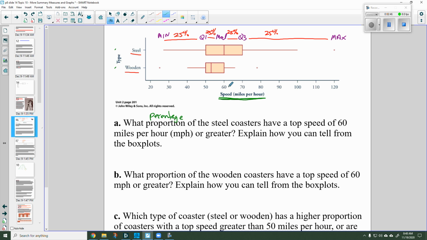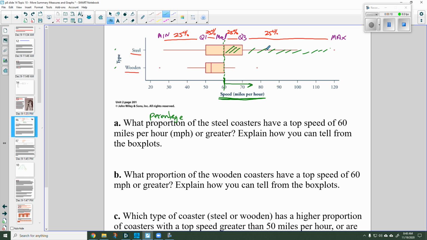So what proportion have a top speed of 60 miles per hour or greater? I'm looking at my x-axis here, and here's 60 miles per hour, and this is all greater than 60 miles per hour. If I go up to the steel roller coasters, I can see that this is greater than 60 miles an hour, and this is greater than 60 miles an hour.